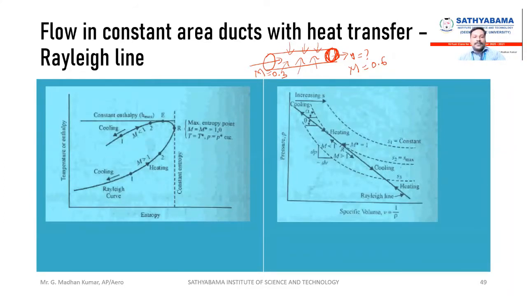When a flow at slow speed is heated up, the gas or air carried inside this constant area duct experiences a high amount of heat, and the enthalpy of the system increases. The air is getting energized, and when the air is energized, it automatically experiences irreversible acceleration.